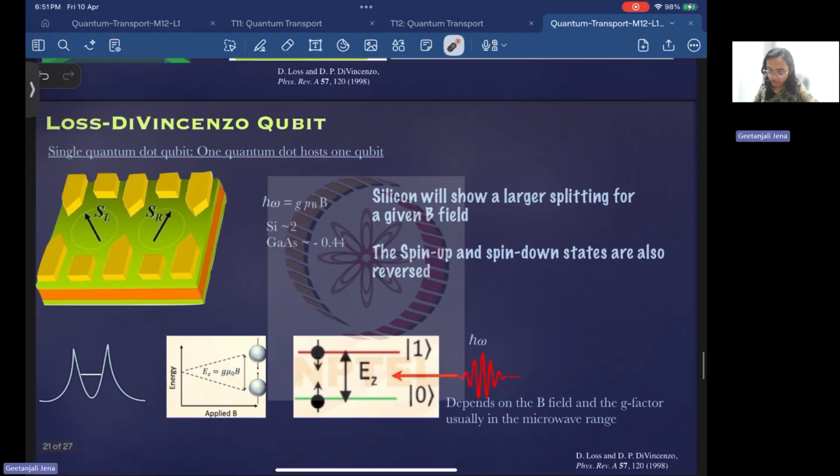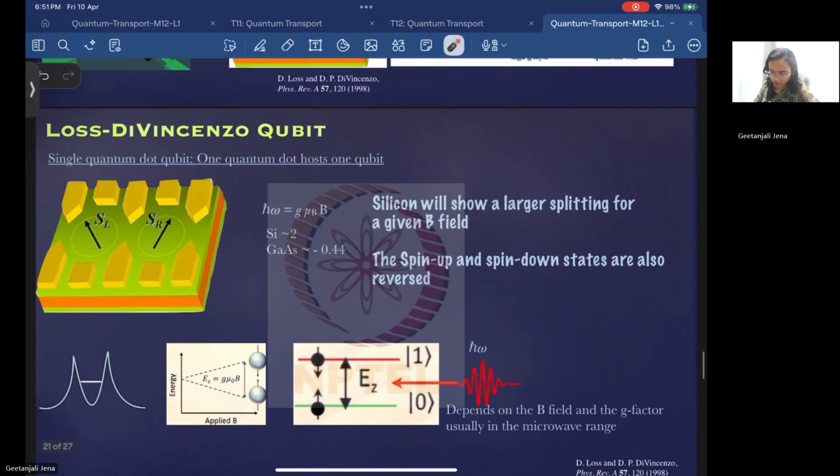So if you look at the LD qubit, for each quantum dot, they can hold one electron, and by applying a magnetic field, we'll be able to split the spin state, spin up and spin down, by Zeeman splitting.